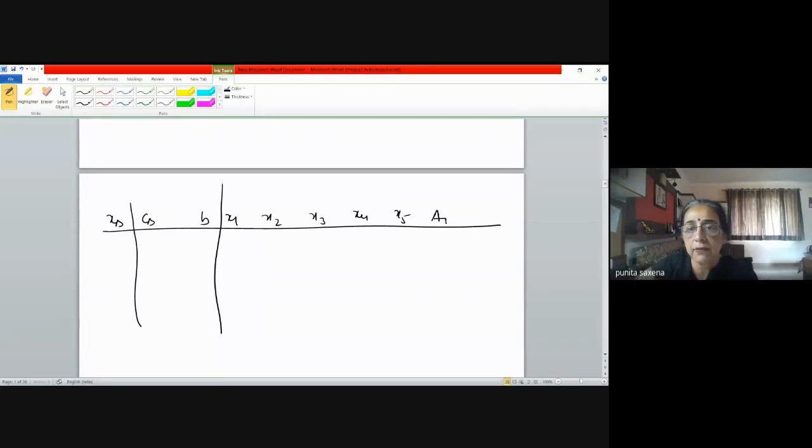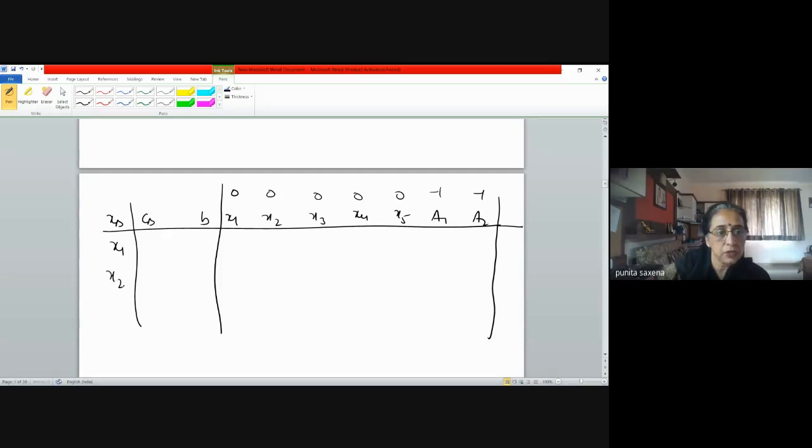Right? A1, A2. And of course, your coefficients are 0, 0, 0, 0, 0, minus 1, minus 1. Okay. Now my basic variables are x1, x2, x5. Coefficients being 0, 0, 0 everywhere.